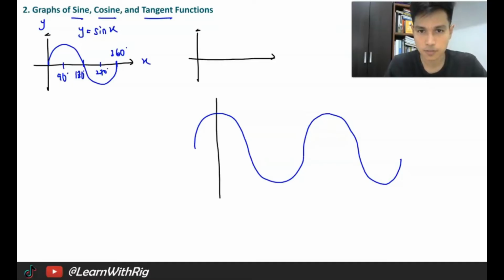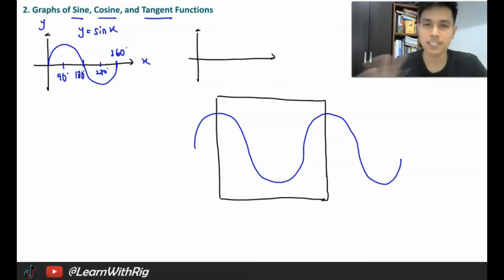Cos graph is here. It's just a different part of the sine graph. So when you sketch the cos graph, it looks like this.